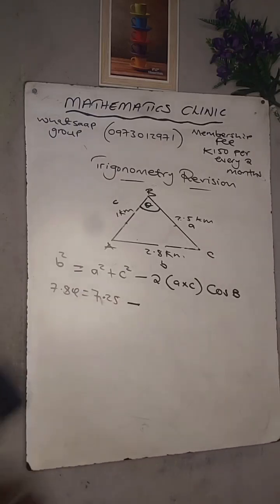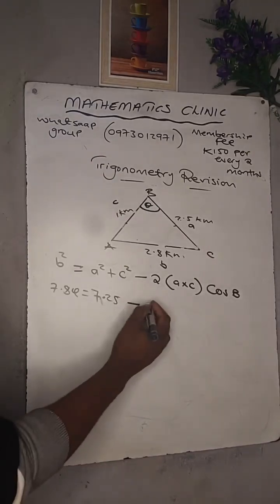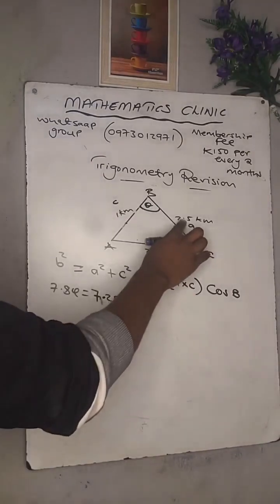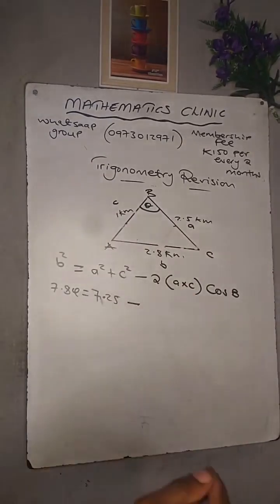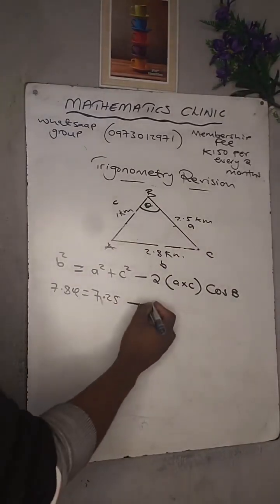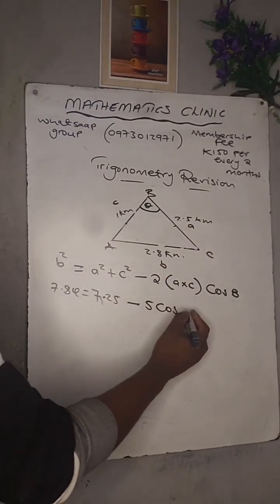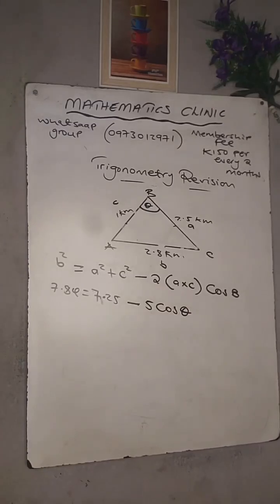Then we say minus, because I've already added this. Then we say 2 multiplied by 2.5 times 1 is 2.5. 2.5 times 2 is 5, so we have 5 cos theta. Are you following, guys?